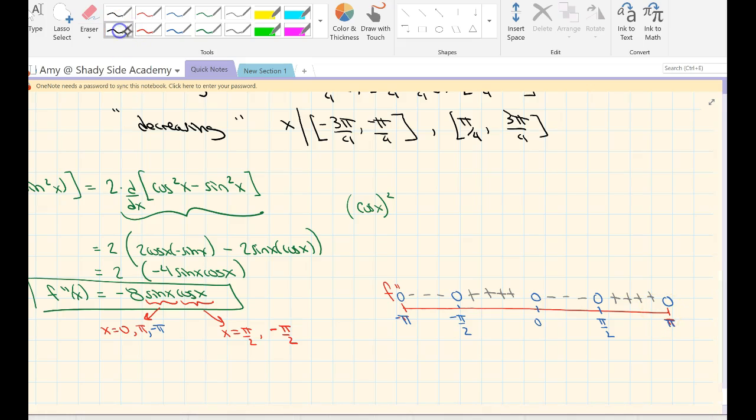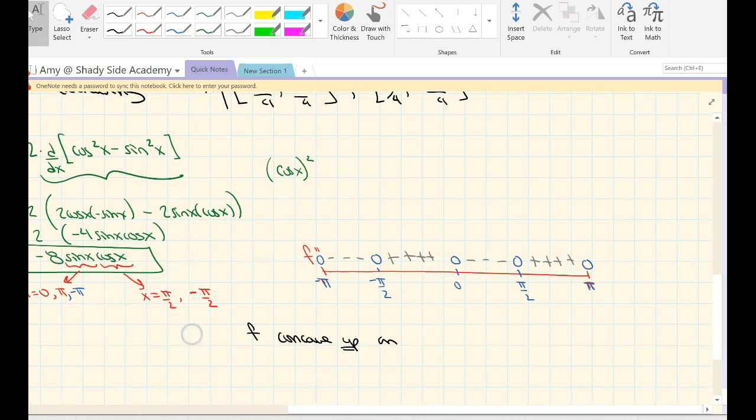And then, just like before, I'm going to write f concave up on intervals of concavity. Negative pi to negative pi over 2. Whoops, I just gave the intervals of concave down. You know what?